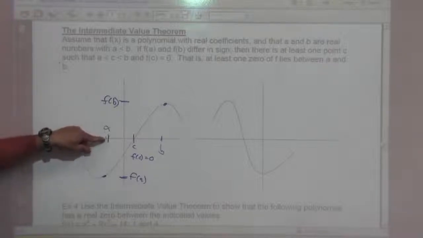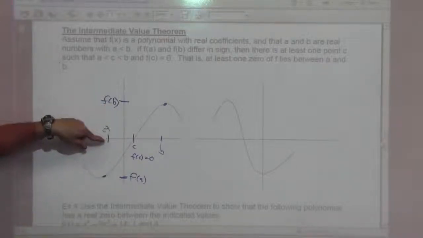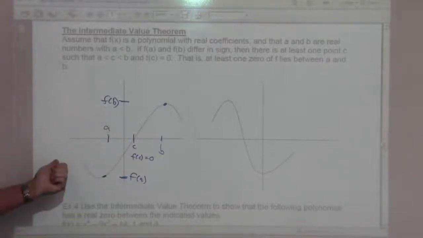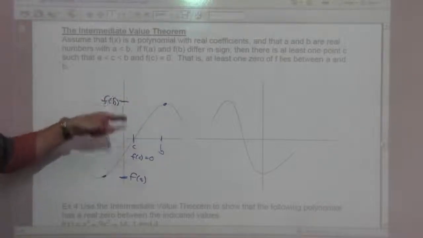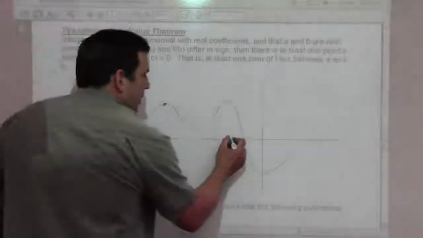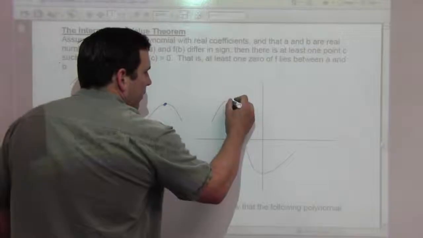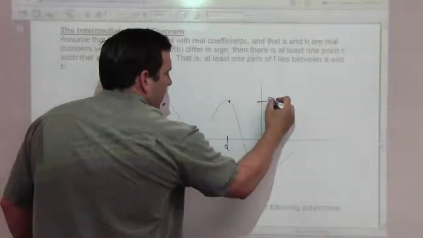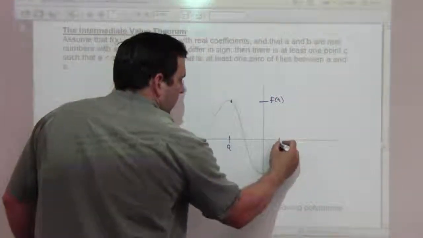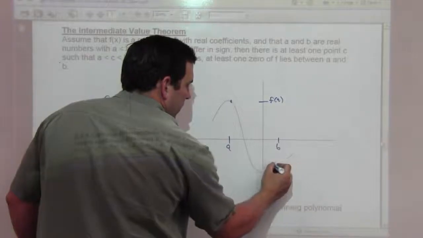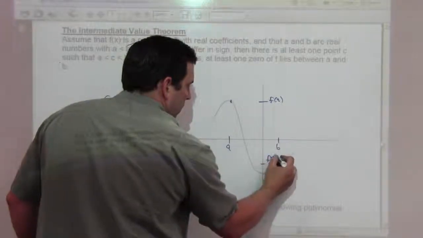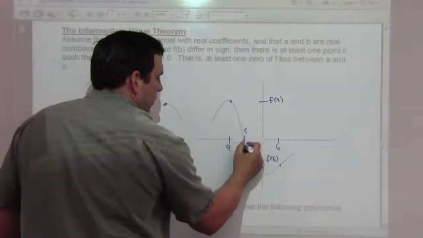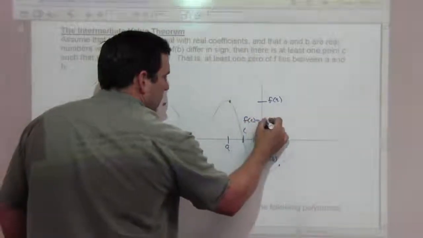If for one value it's negative and the other value is positive, there must be a 0 in between. Likewise, this can be your a and this can be your b. There still must be a c between these where f of c equals 0.